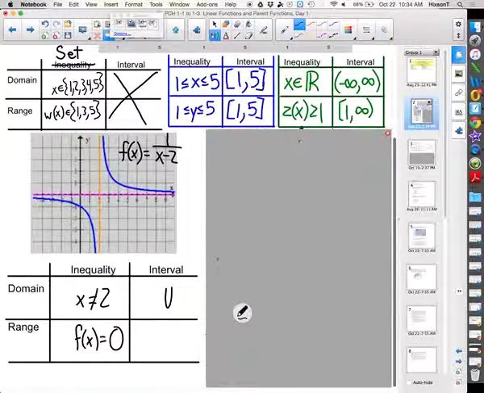Negative infinity up to 2. And am I going to use parentheses or brackets? Parentheses, on both sides, because we don't want it to equal 2. And then on the other side, 2 to infinity.